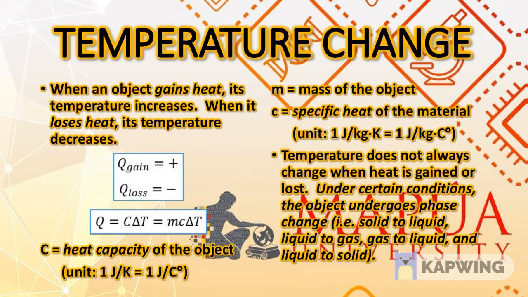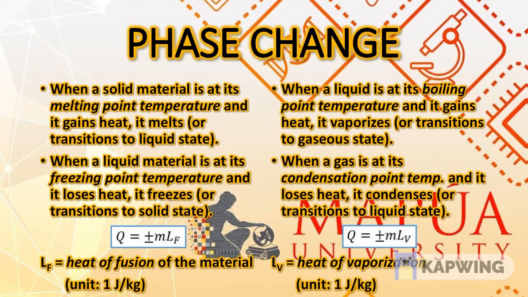That is to say, solid will turn to liquid, or liquid will turn to gas, or gas will turn to liquid, or liquid will turn to solid. Phase change happens only under certain conditions. If these conditions are met, phase change will happen instead of temperature change. So let's take a look at these conditions.